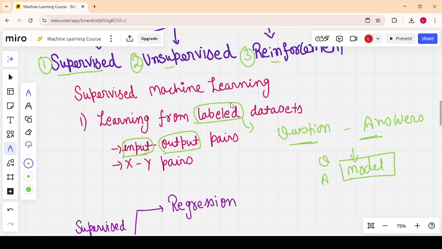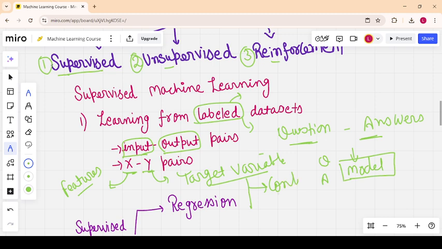Labeled means we have input-output pairs. We have data in the format of X and Y. X is the features, and Y is the target variable. The target variable may be continuous or categorical.